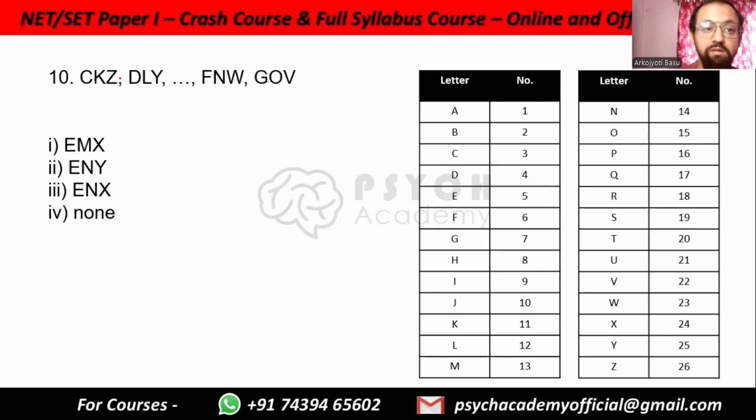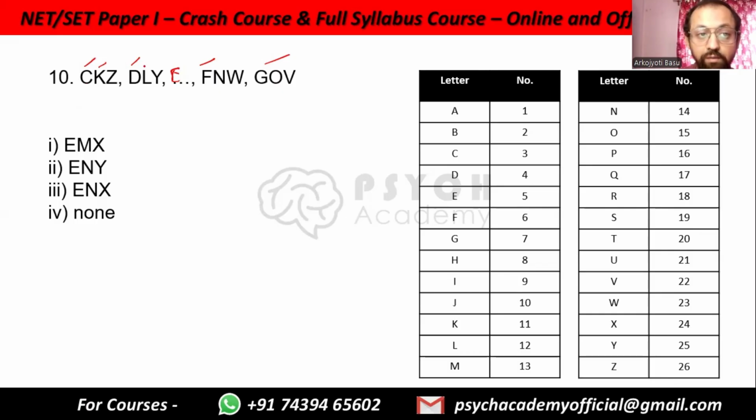C, K, Z, D, L, Y, F, N, W, G, O, V. Again, this is not three letters together, these are 3 independent series. So you can see C, D, E, F, G. All the answers start with E. So see, this is an independent series.